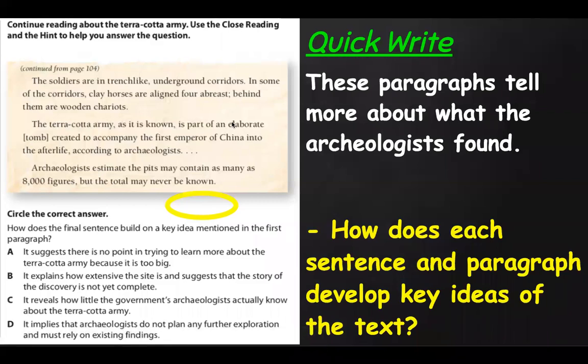Yeah, go ahead. The soldiers are in battle lines in underground corridors. In some of the corridors, clay horses are lined four abreast. Behind them are wooden carriages.